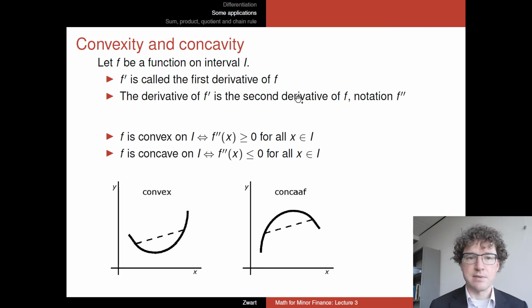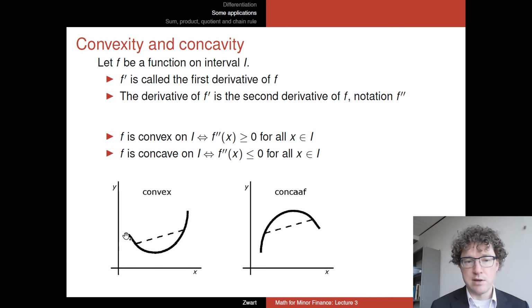So that's this thing. Now what does f double prime, the second derivative, tell us about a function? Well, actually it tells us whether it's convex or concave on a certain interval. So what's convexity? Convex essentially means it's hollow in this sense.